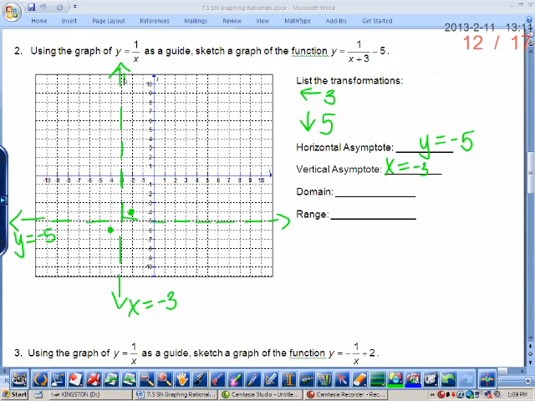And then you use your asymptotes as your guides to fill in your function. What's your domain? All right, and what about your range?